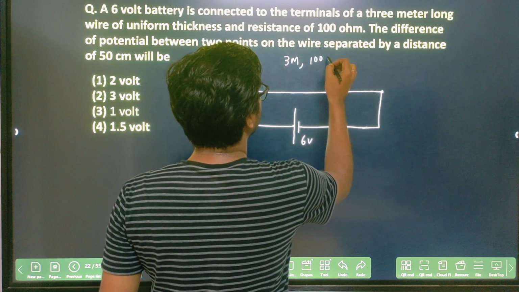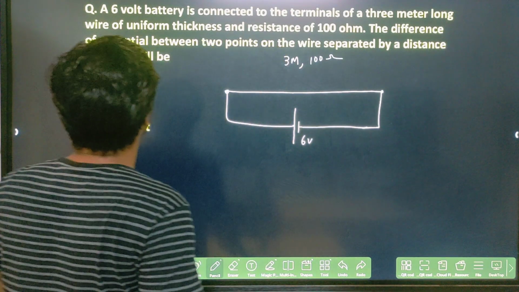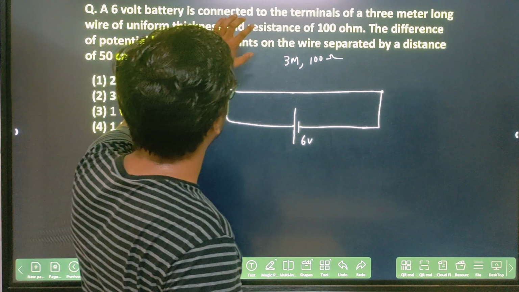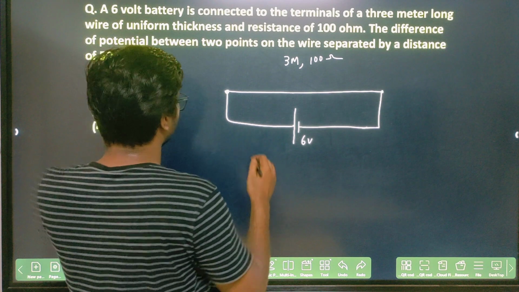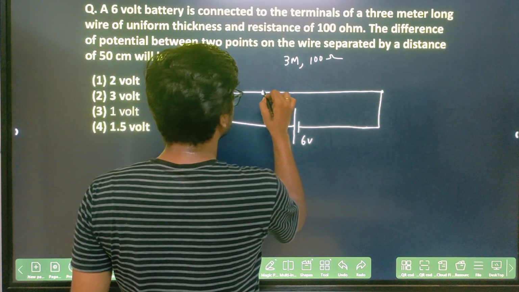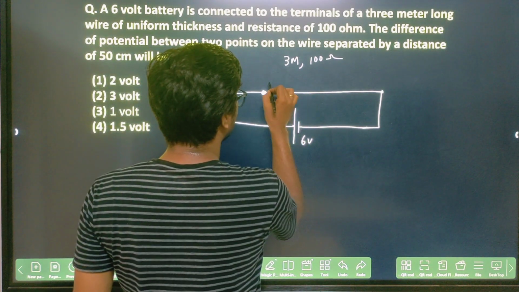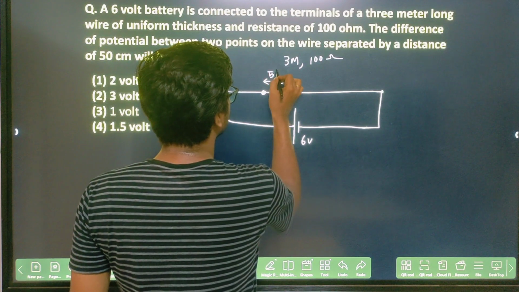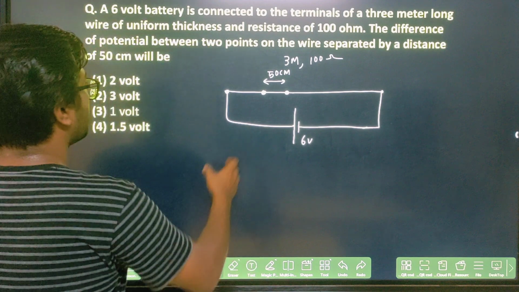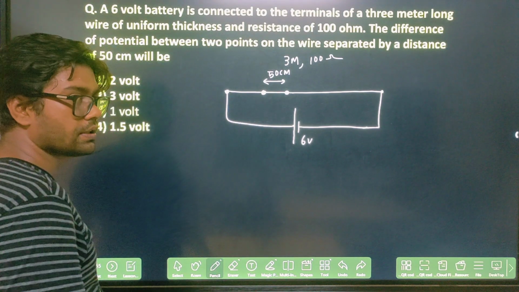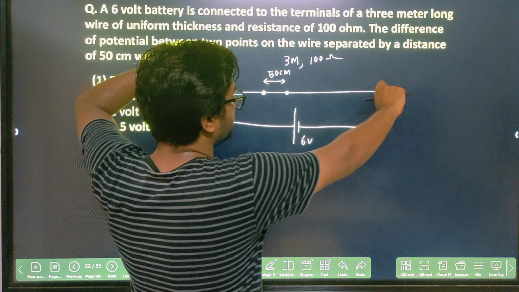100 ohm, right? The difference of potential between 2 points on the wire separated by a distance of 50 centimeter will be... So let's say this is one point and this is another point. The distance between them is 50 centimeter. You have to find out the potential drop across this resistance, because it's a big resistor, right?